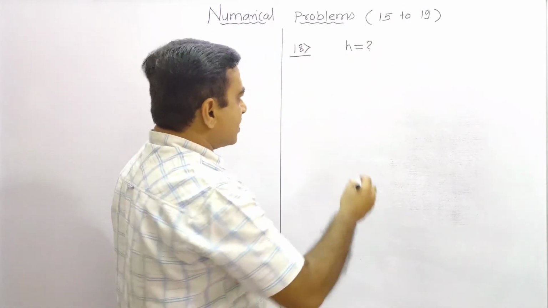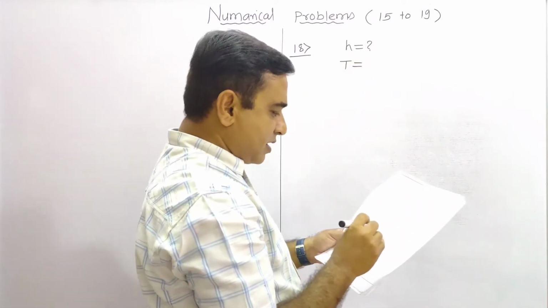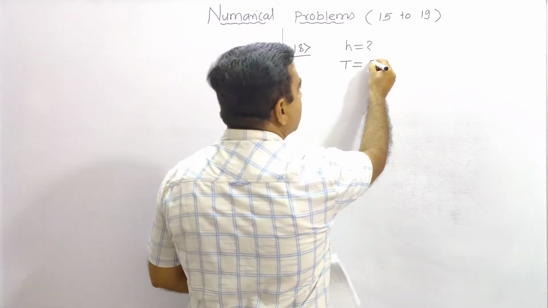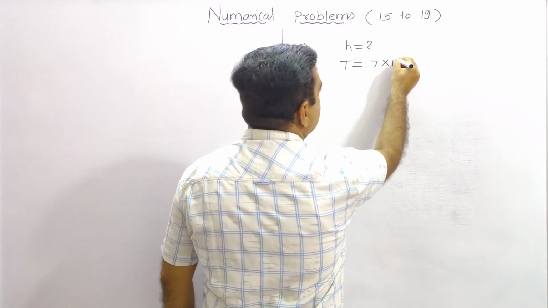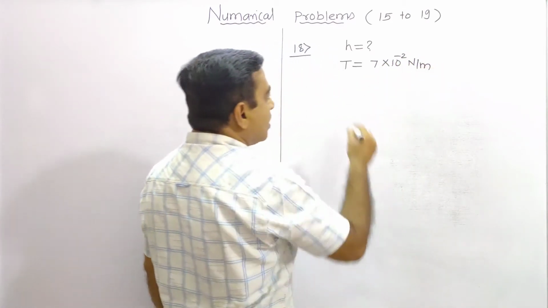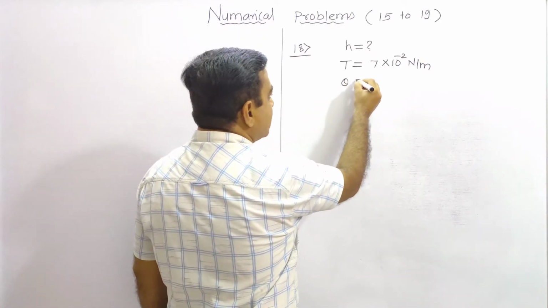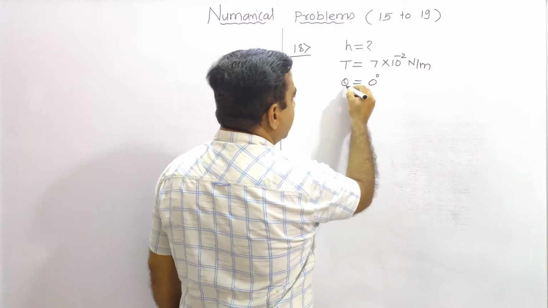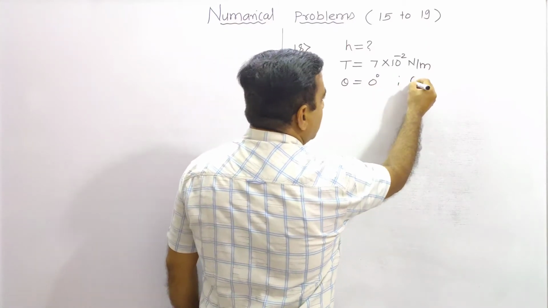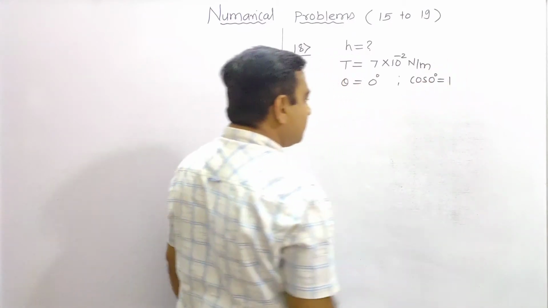The surface tension is given. How much? It is 7 into 10 raised to power minus 2 Newton per meter. Angle of contact theta is equal to 0 degree. Obviously, cos of 0 degree is equal to 1, we know very well.